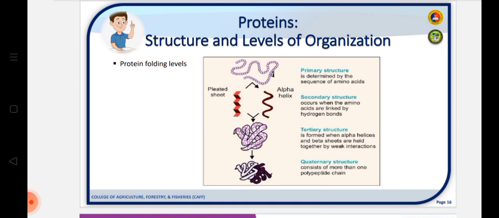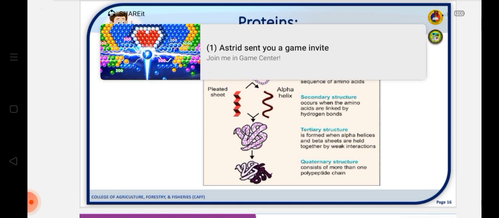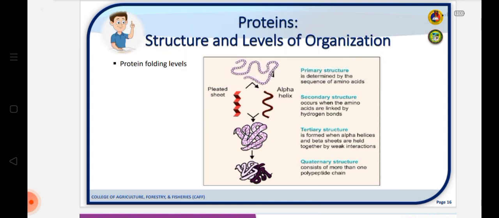To elaborate, let's now visualize the four levels of protein structure, each one building upon the last to create a functional biomolecule. Primary structure. This is the linear sequence of amino acids like beads on a string, and it is determined by the genetic code and sets the foundation for all higher order folding.